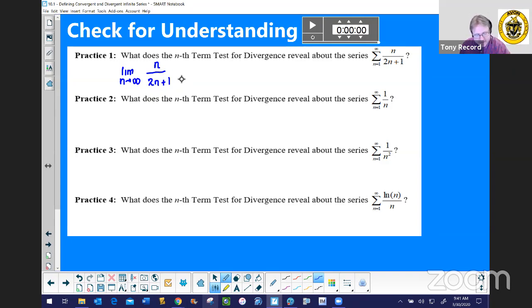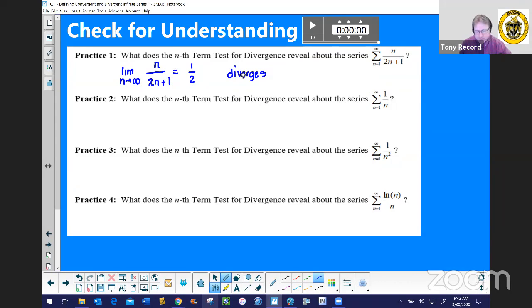So that basically says we could divide by the coefficients, and this limit is going to be 1/2. We could also use L'Hopital's rule pretty quickly there. Now, because this limit is not equal to 0, right? Last time I checked, 1/2 is not equal to 0, then we know that this is going to be a divergent series. If the limit is not 0, we know that we diverge.